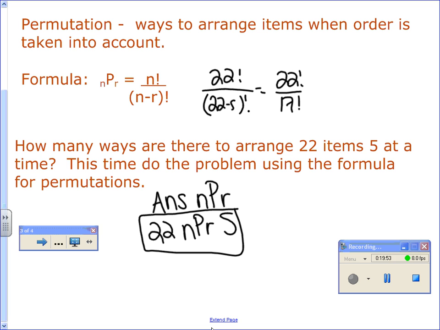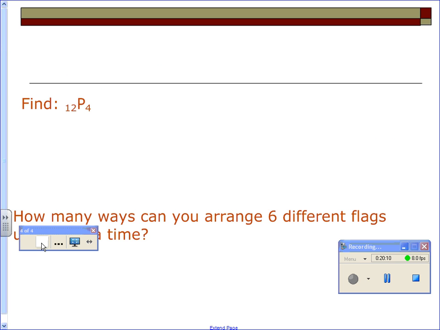You can do it out by hand, you can use the formula, or you can use the button on your calculator. Does that make sense? Any questions on that? Okay.